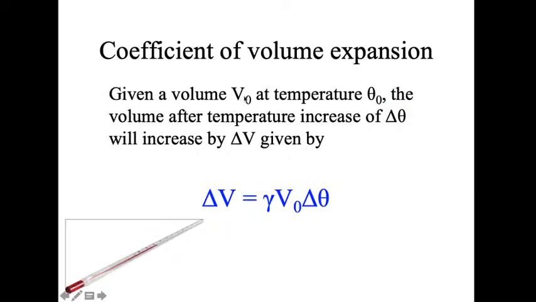So given a starting volume V naught at a starting temperature of theta naught, I don't know why they're using theta instead of T, I'll just go with it, the volume after the temperature increases by this change in temperature, delta theta, will increase by this change in volume, given by this constant, the coefficient of volume expansion, times our starting volume, times our change in temperature.